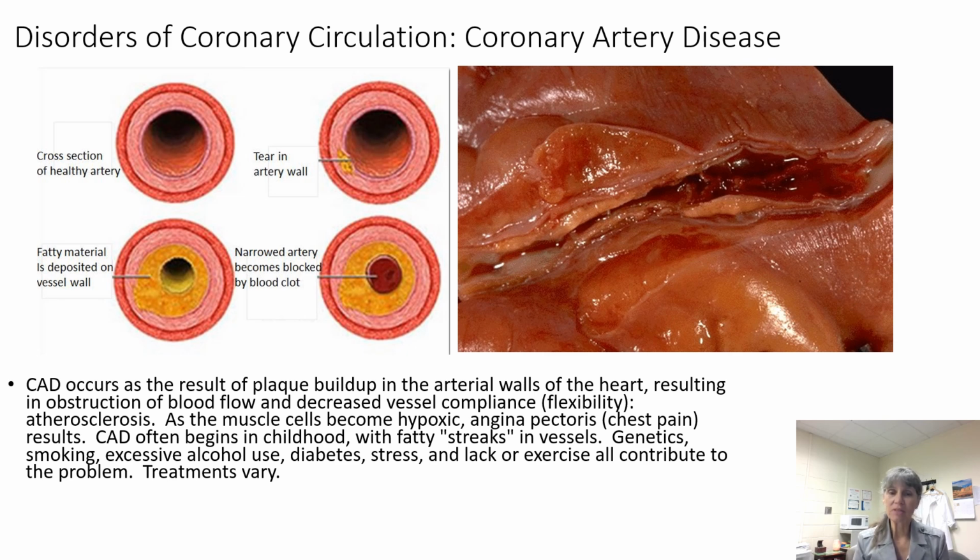And as muscle cells become hypoxic, which means they don't have enough oxygen, an individual may experience chest pain known as angina pectoris. And usually coronary artery disease is something that begins in childhood with fatty streaks of plaque in blood vessels.